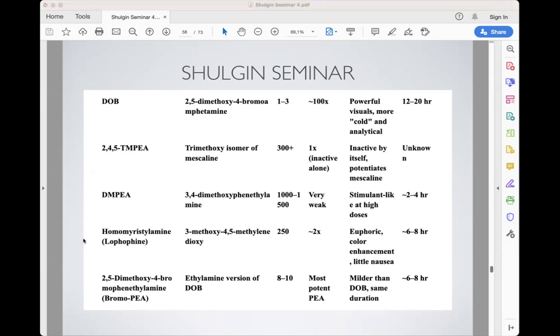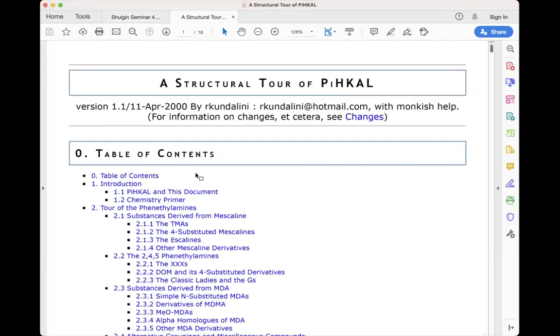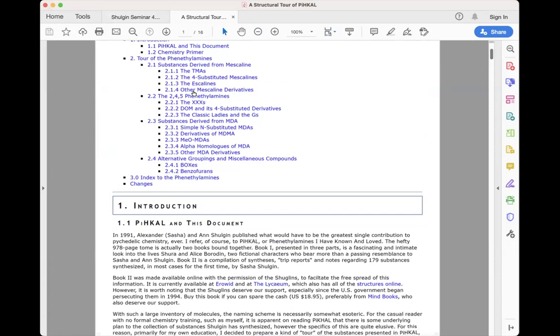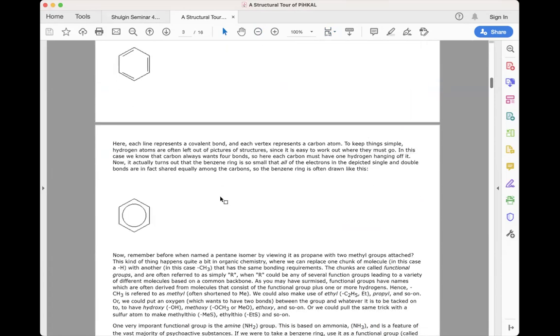Well, there is this famous review that is circulating on the internet, published I think on various websites. It was called A Structural Tour of PiHKAL by R. Kundalini. You certainly know it. What it attempts to do is to reconstruct this structural progression on the basis of PiHKAL.